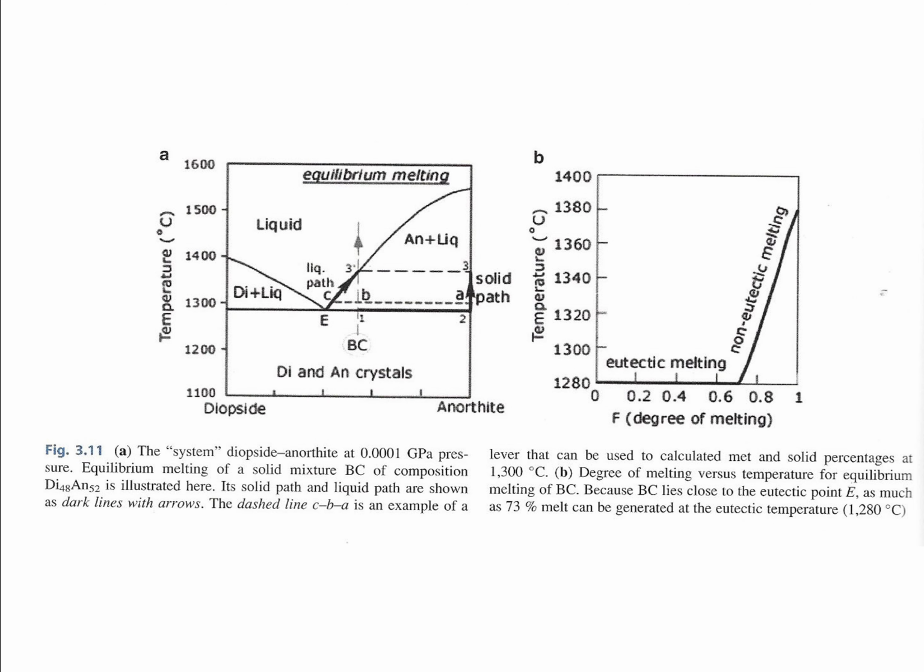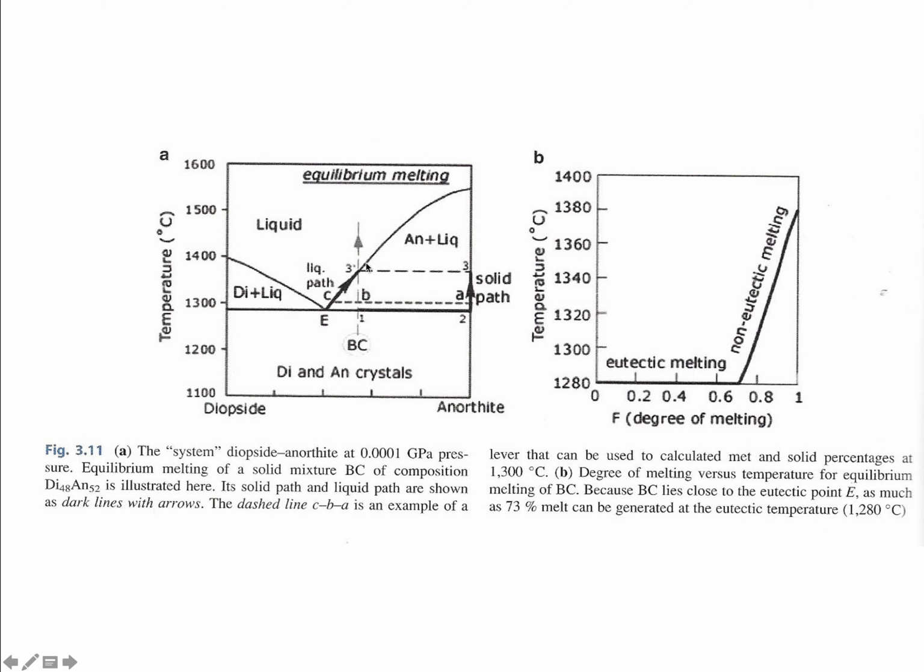Now on the diagram on the right-hand side, we have the eutectic melting: here is the degree of melting, and here the temperature. That is at the eutectic point at 1280 degrees Celsius, and then we are making more and more melt. If you go up here, then we are increasing the temperature, and then we are talking about non-eutectic melting. That is maybe along this curve.